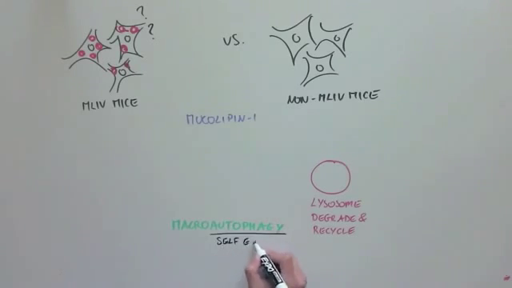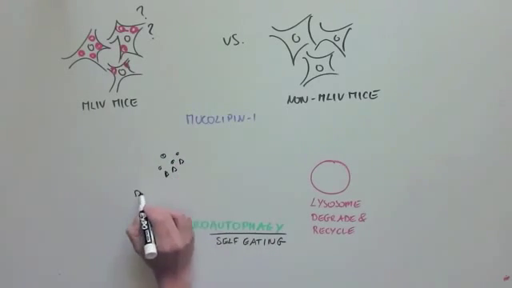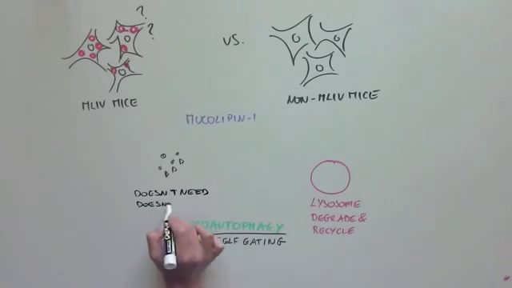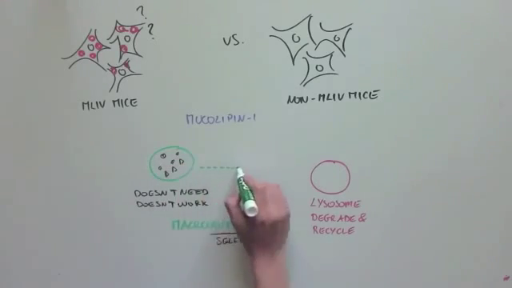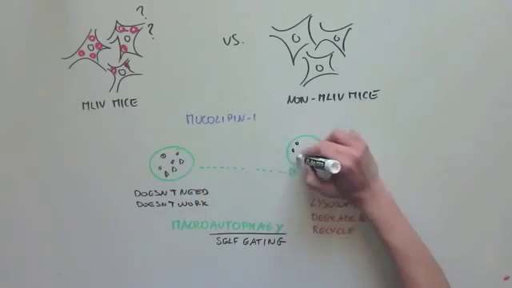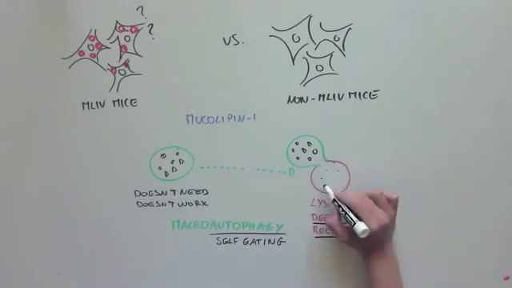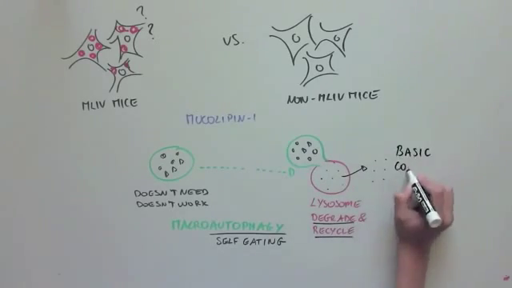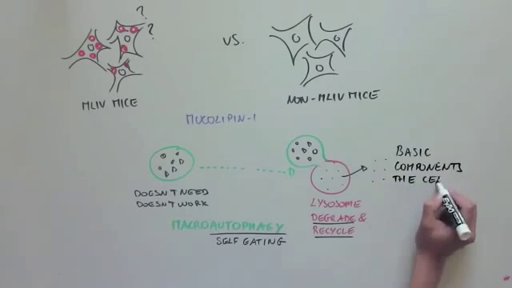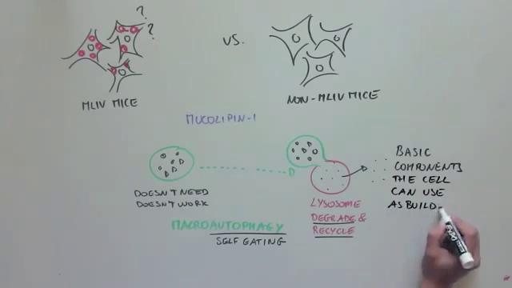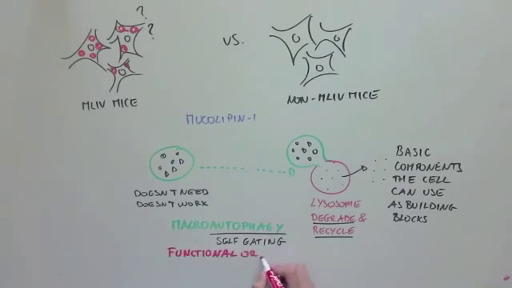Autophagy stands for self-eating, which is exactly what it is. Material that the cell doesn't need or that doesn't work anymore gets engulfed in a large bubble or vesicle that will fuse with lysosomes, which will degrade and recycle the basic components that the cell can use as building blocks to produce other materials.